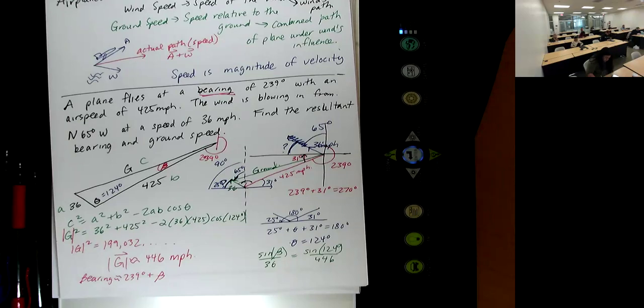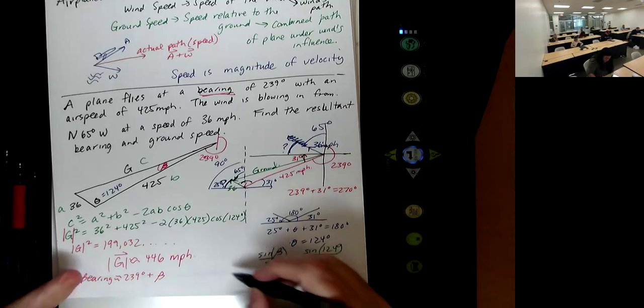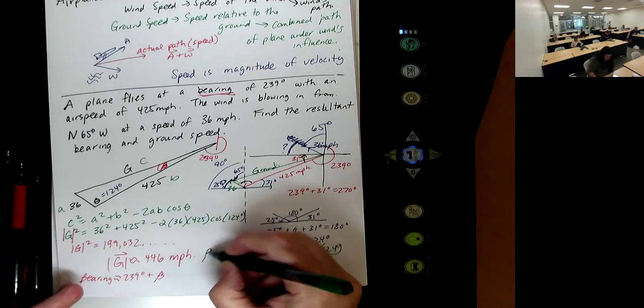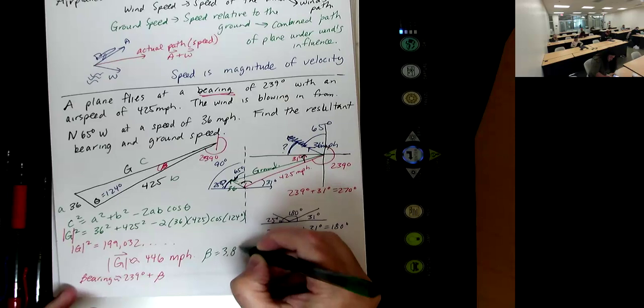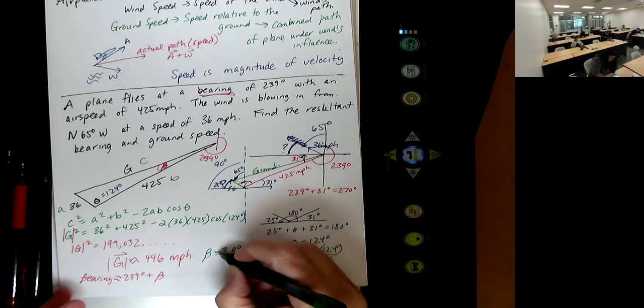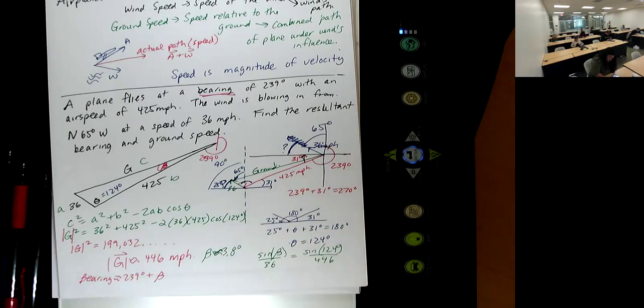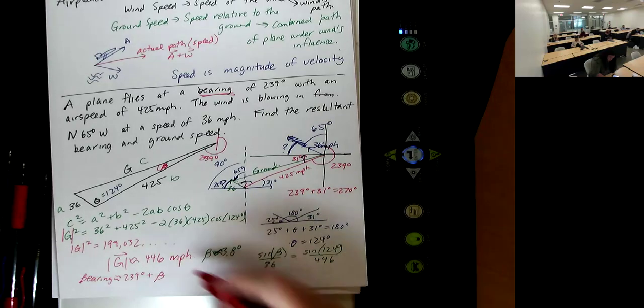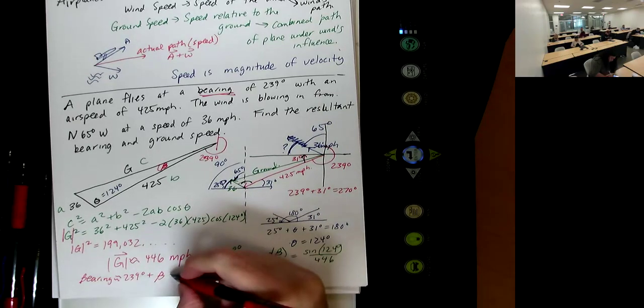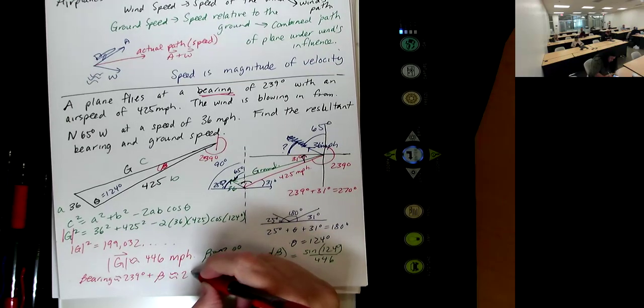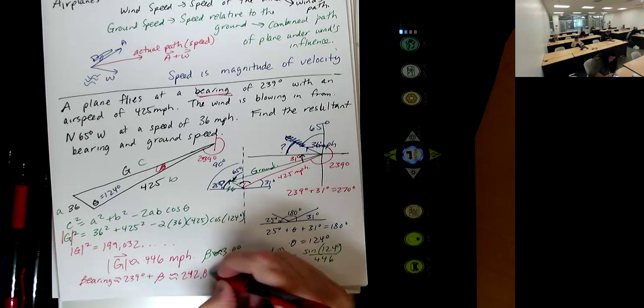Sine inverse of that, I'm getting beta is approximately 3.8 degrees. So our bearing will be 239 plus 3.8, which is approximately 242.8 degrees.